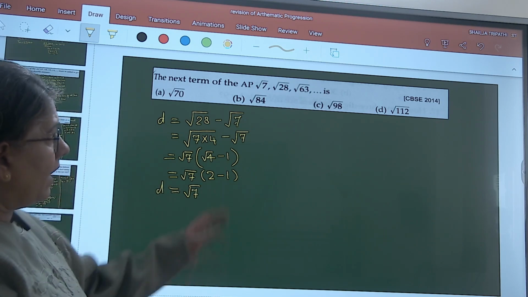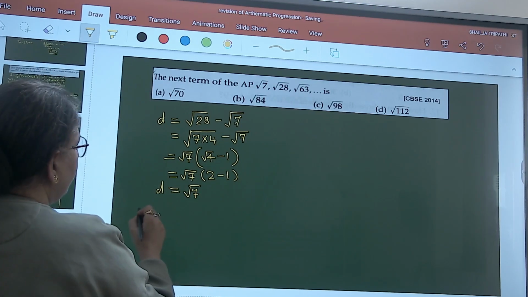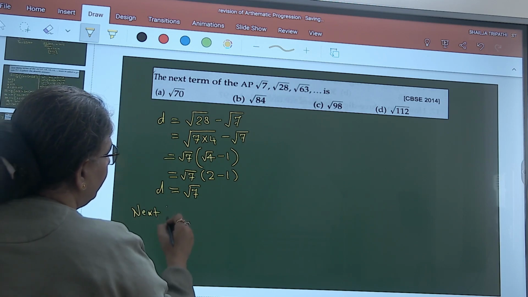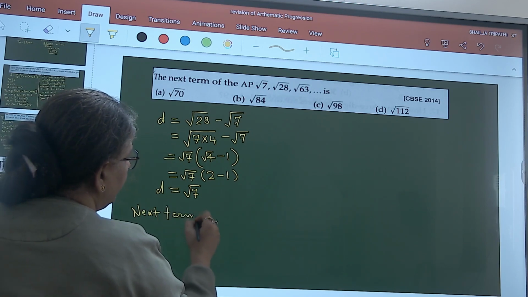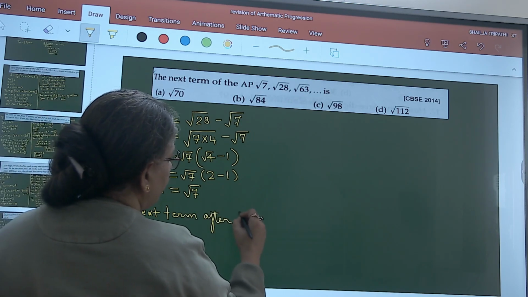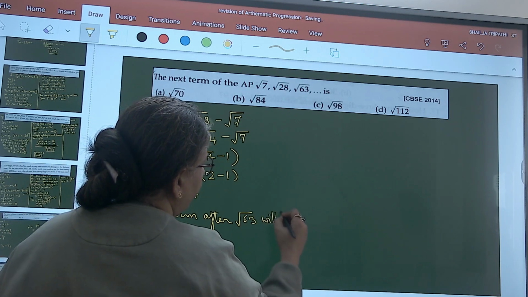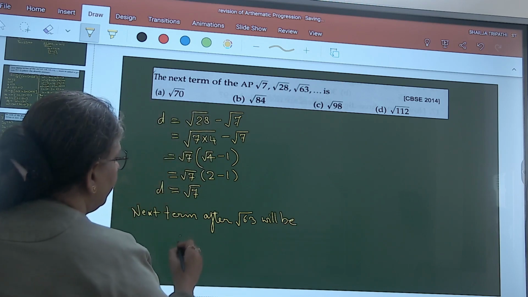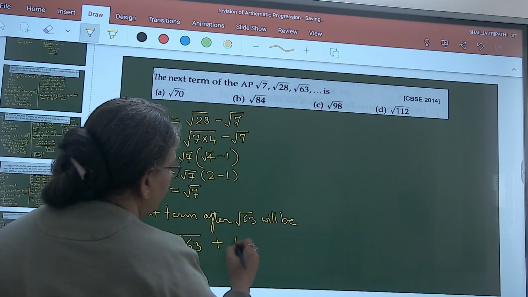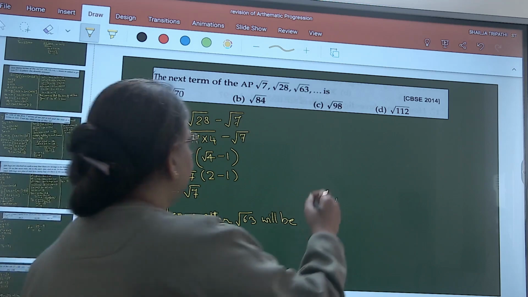So the next term after root 63 will be, see, root 63 plus root 7. Now let's find out.